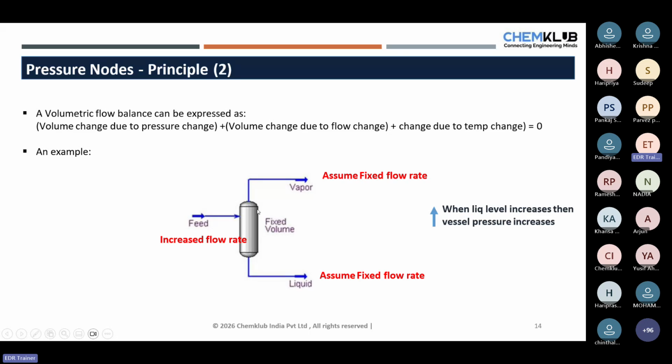Or it may so happen that the vapor can go as a high flow. So there are multiple scenarios that may happen, depending upon how the system is going to behave, whether there is a blocked vapor outlet. The pressure will equalize, and then the feed will be cut off. If it still keeps on increasing and there is no PSV, the reversal of flow may also occur.